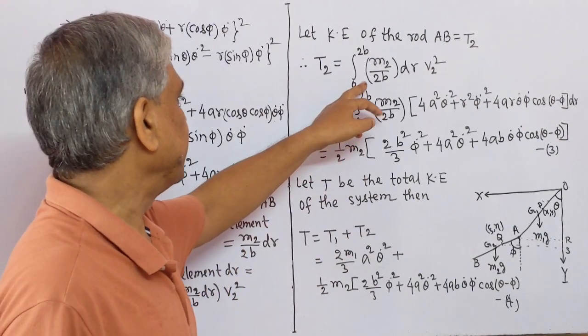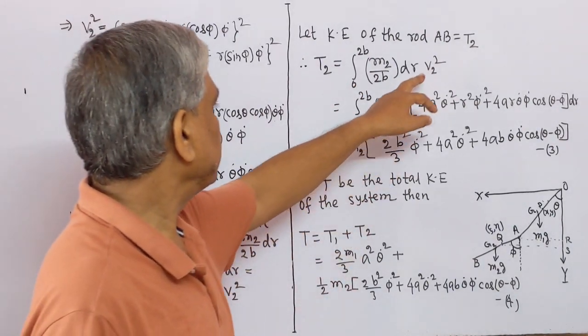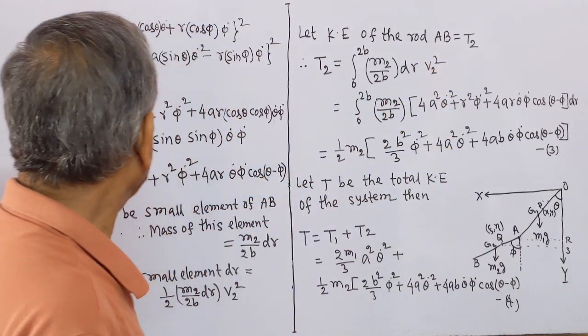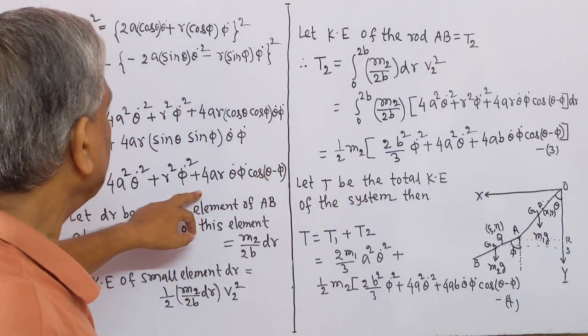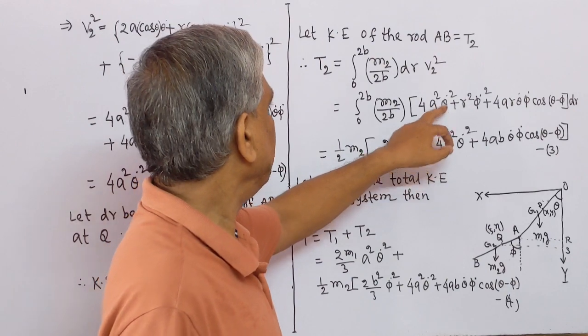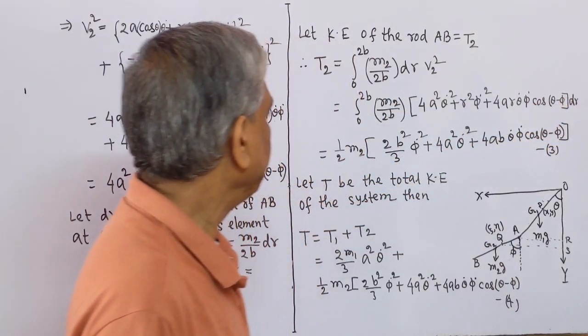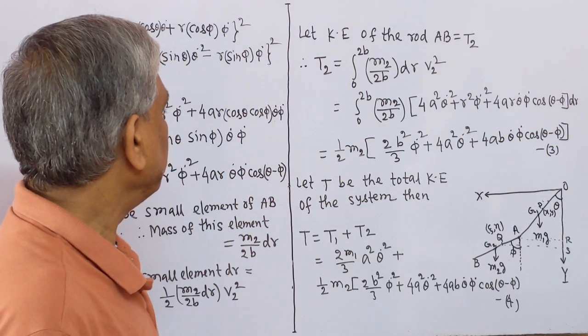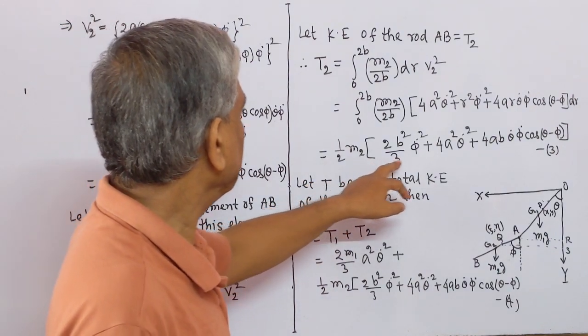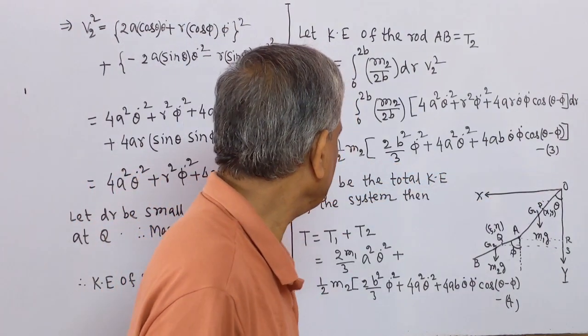This is integration. Here we put the value of v2 square, and dr last. By integrating, we get the value in theory.